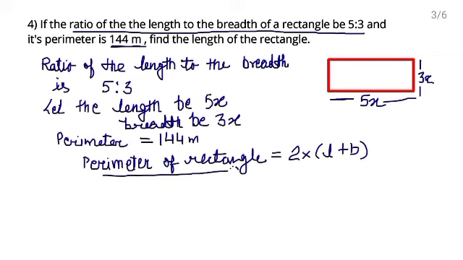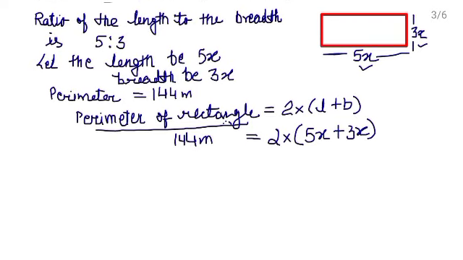Perimeter they have given, so in place of perimeter put 144 meter is equal to 2 into, in place of length put 5x, in place of breadth put 3x. Right, this was length and this was breadth. Now solve the further question.